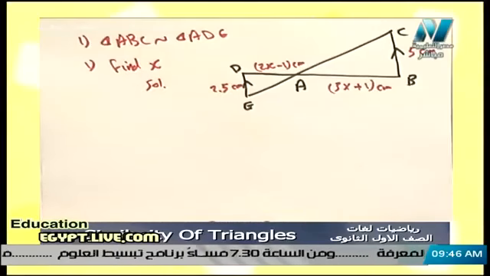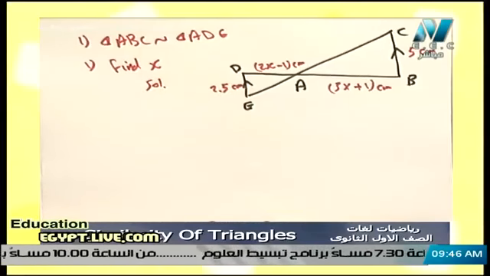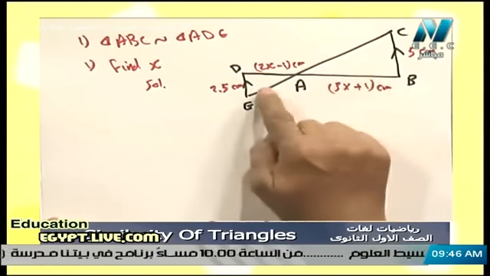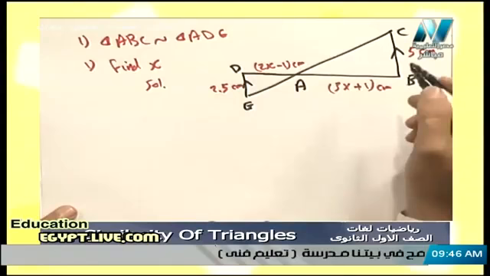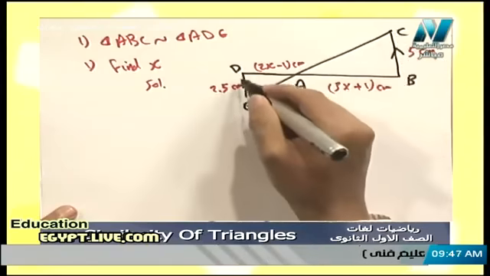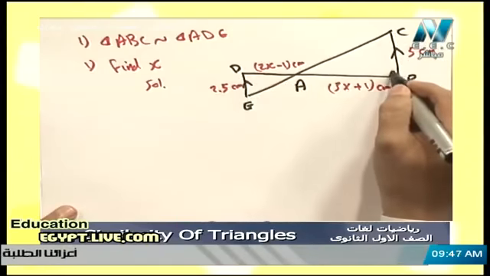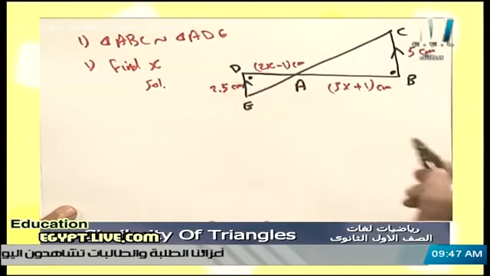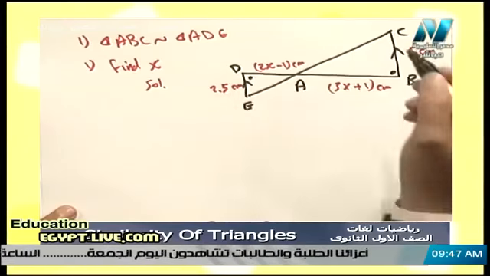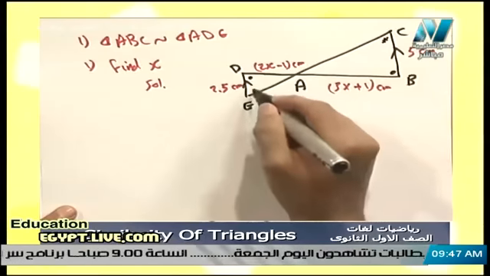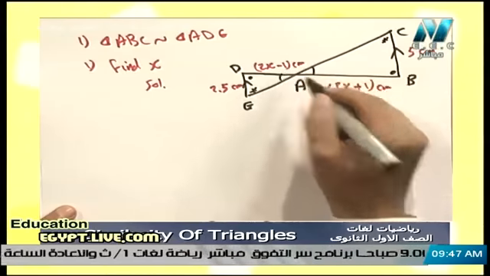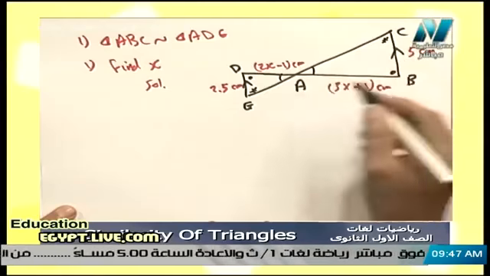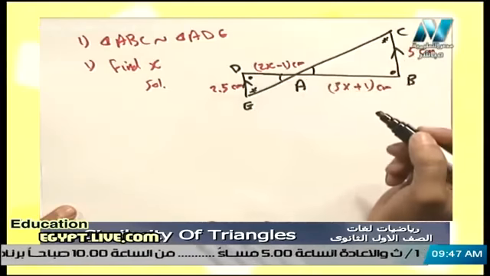Our solution will be, first we have two triangles here, and we have parallel lines. We know that if CB is parallel to DE, then measure angle B equals measure angle D, alternate angles, and also measure angle C equals measure angle E, the other alternate angles. And we have measure angle CAB equal measure angle DAE, vertically opposite angles.